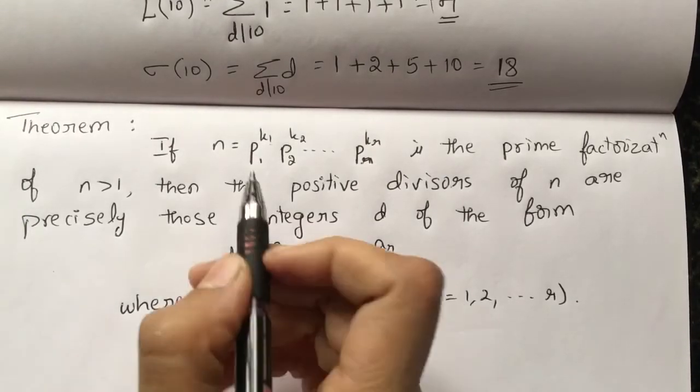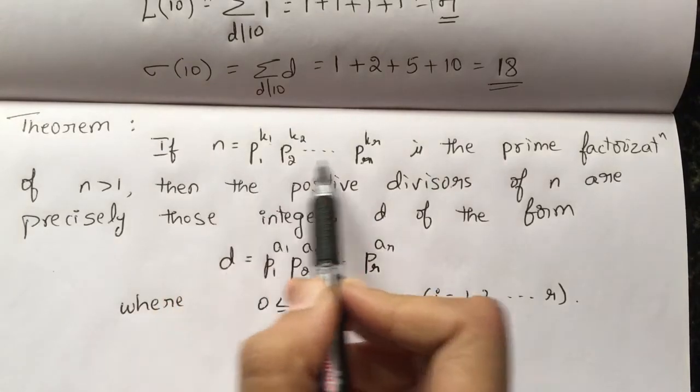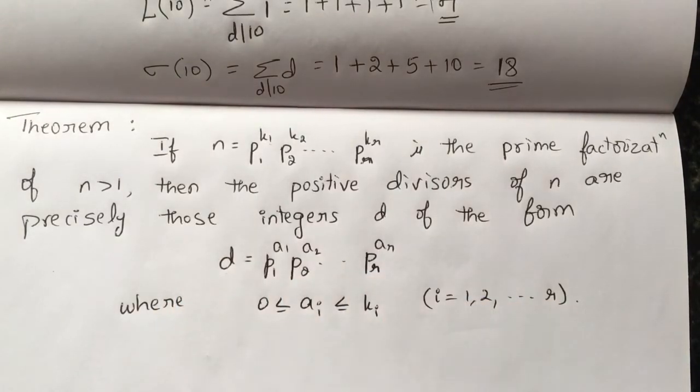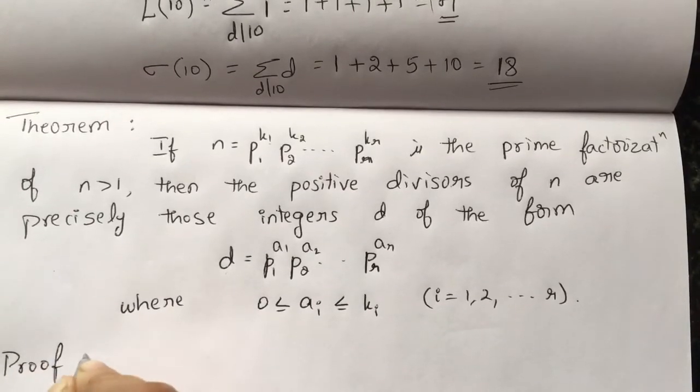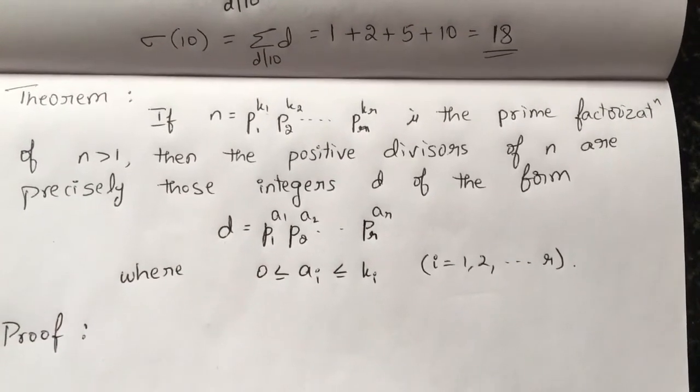We know that if an integer is given, then we know how to write the prime factorization. Now we'll take up a trivial situation first. What happens if the divisor is 1?